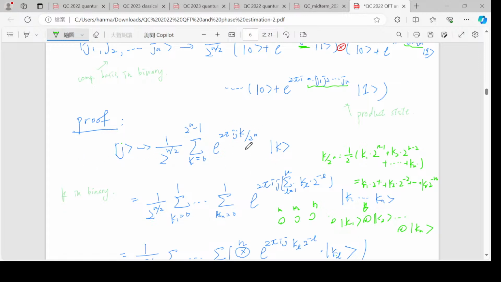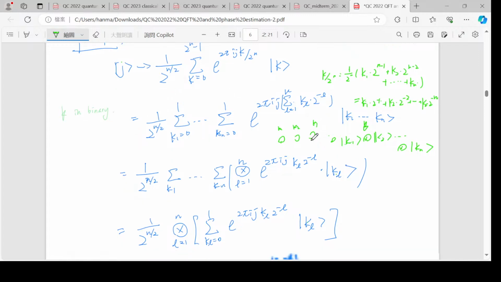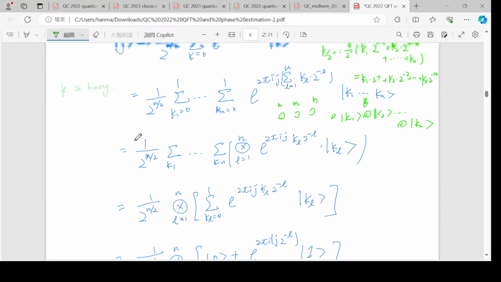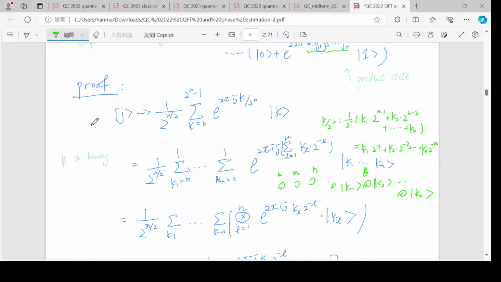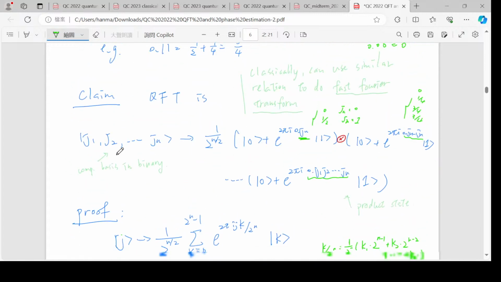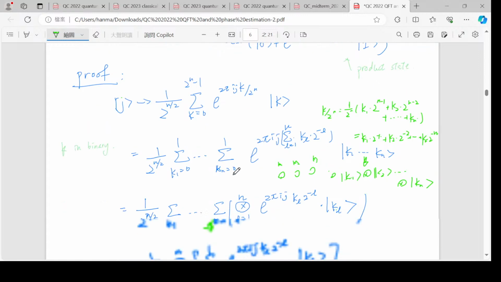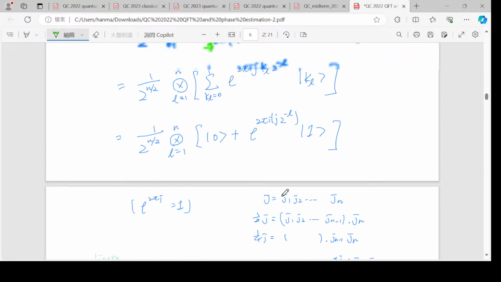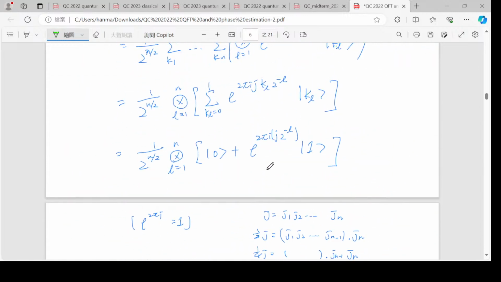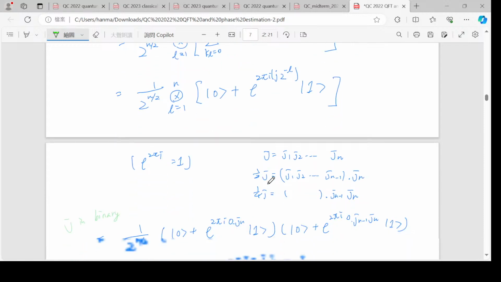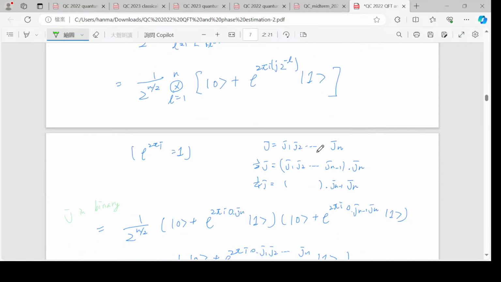We broke k into binary and got all the way here, and now we are going to break j into binary too. Before we didn't need that, so we had j in decimal up to now. So now we break j into binary: j1, j2 to jn.